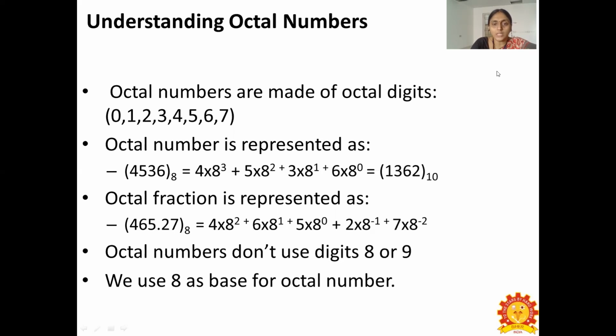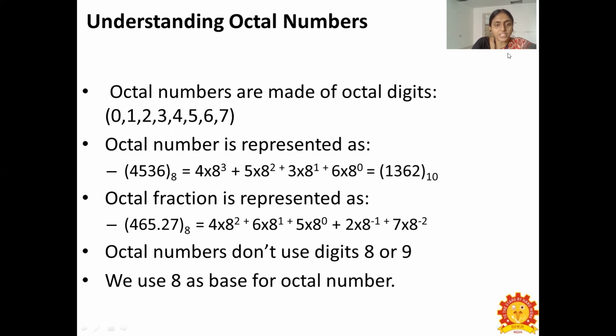So here for octal numbers, the base is 8. So we start assigning the position from the least significant digit with power 0. Here the decimal value can be represented as 1362, which will be seen later in the lecture.